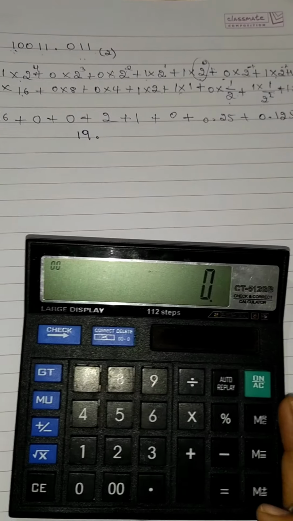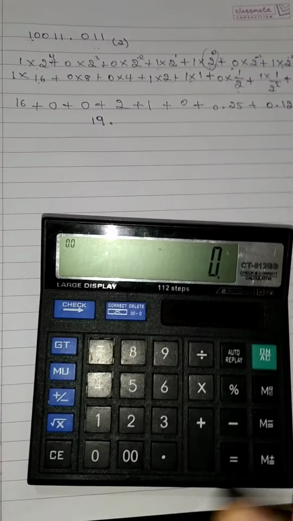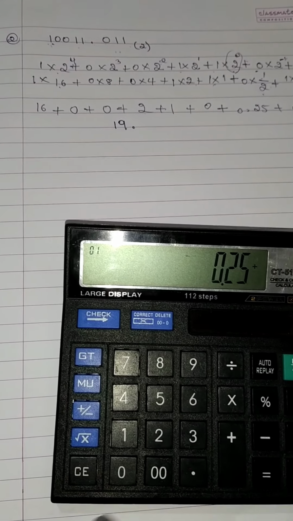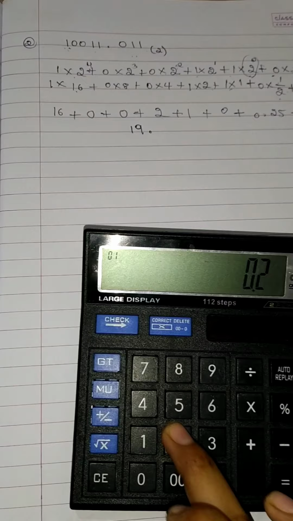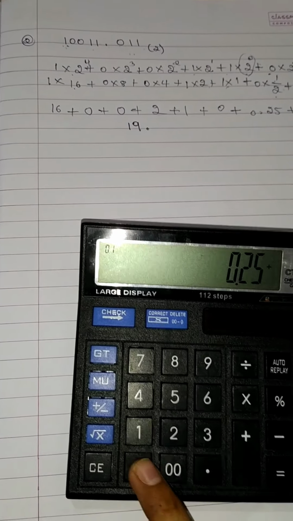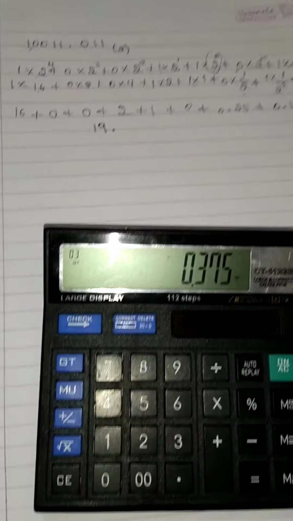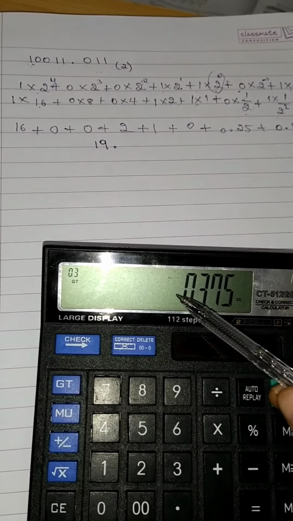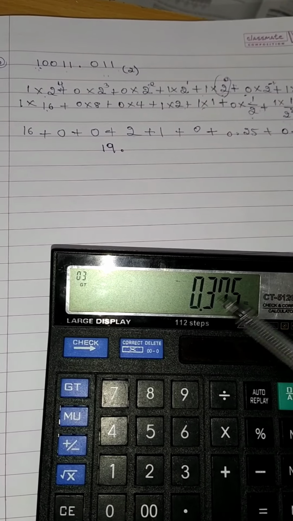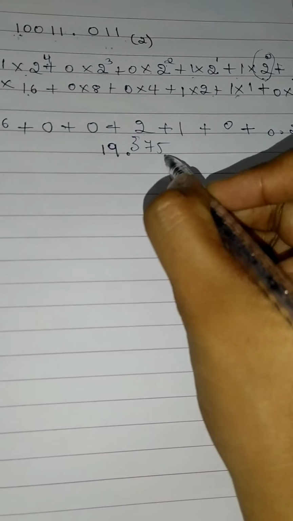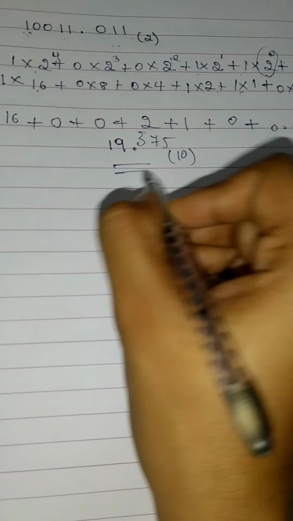Then we have to sum up the fractional values, that is 0 plus 0.25 plus 0.125. So what we are going to get? 0.375. We need to leave this 0, then we take from the point, that is .375, with the decimal radix.